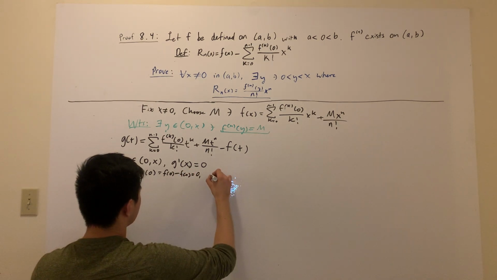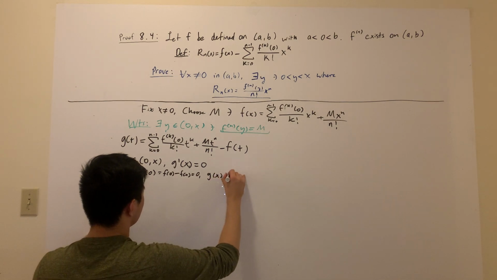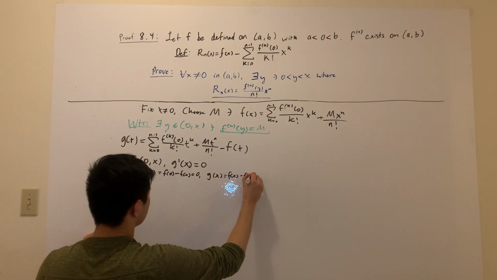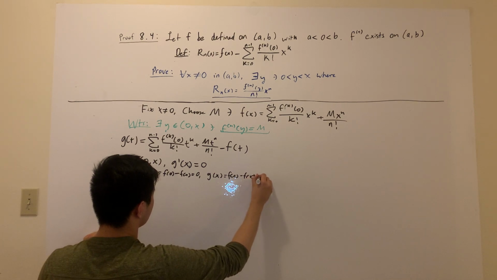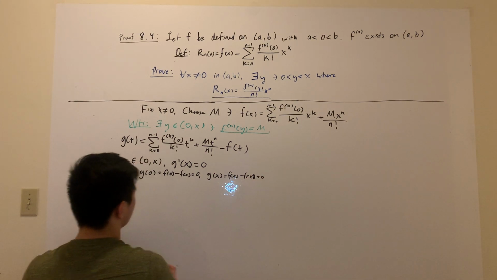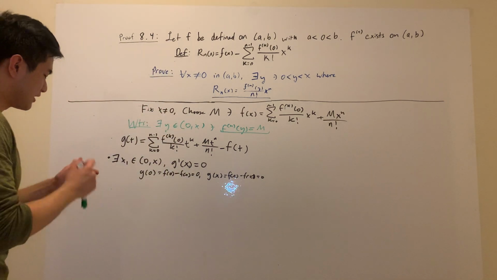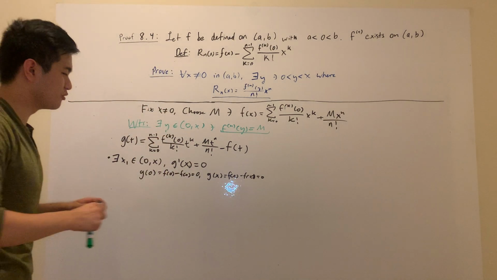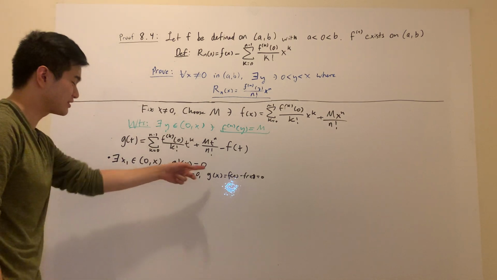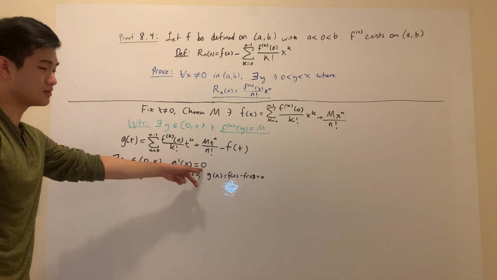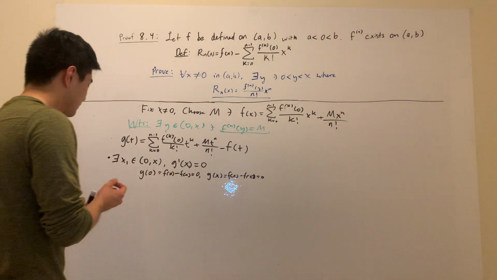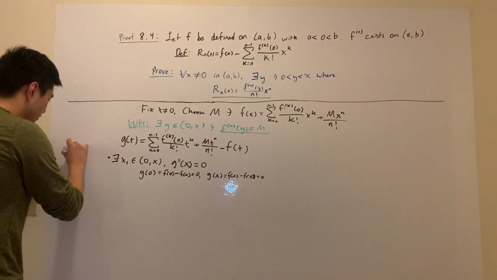And we'll also see that g of x equals f of x minus f of x, which is equal to 0. So that means because the endpoints are equal to each other, we'll be able to find a point where the slope is also equal to 0. Hence, in this case, g prime of x1 equals 0. So by Rolle's theorem.